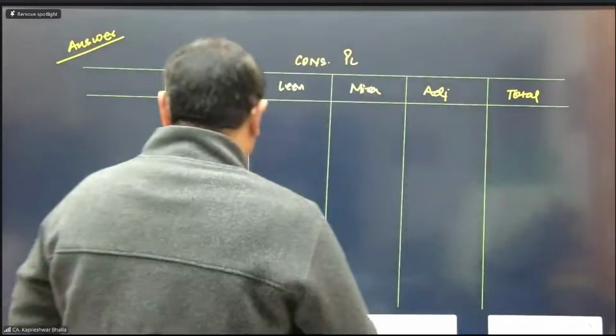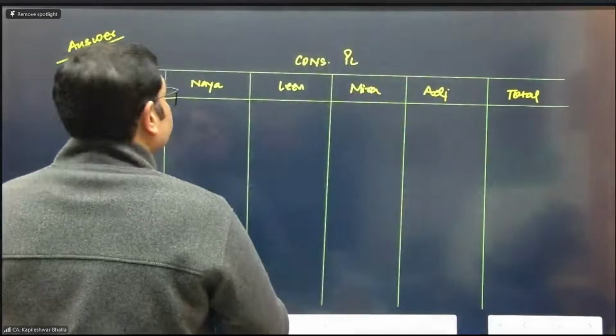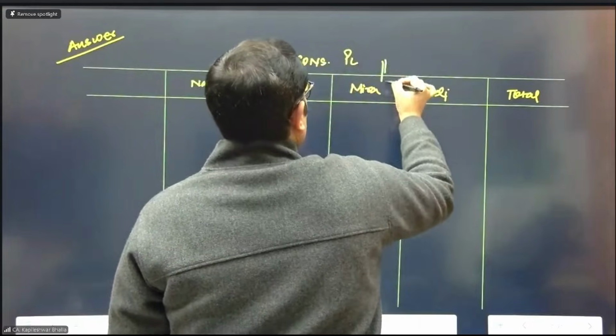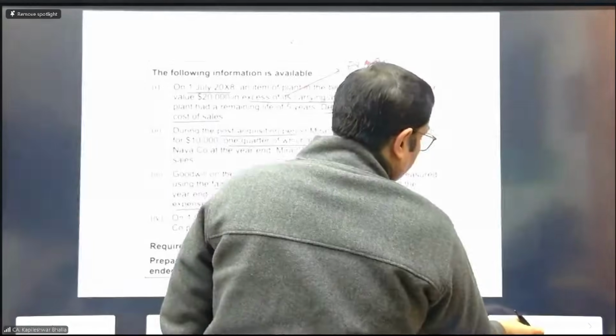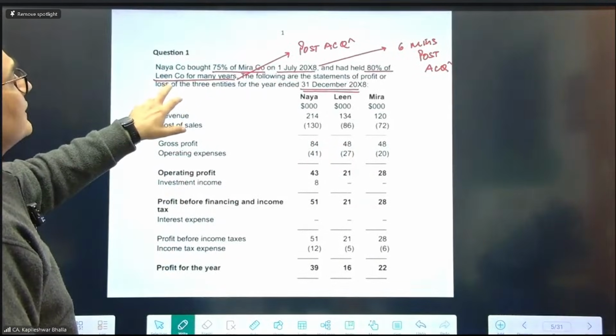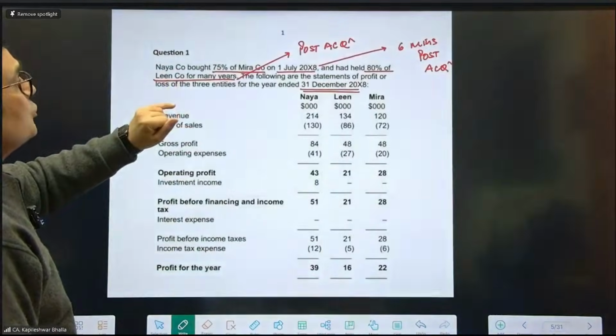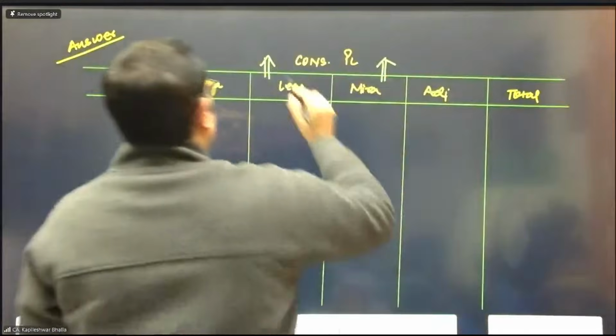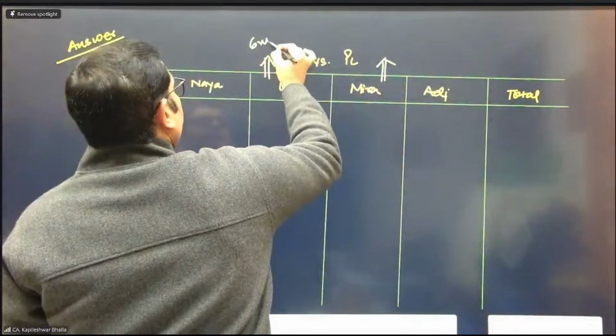Let's begin. First, let's put the focus very clear that as far as Lean is concerned and as far as Mira is concerned, what is the consolidation? So it says as far as Mira is concerned, the shares are acquired on July X8. So as far as Mira is concerned, we will do the consolidation for 6 months.